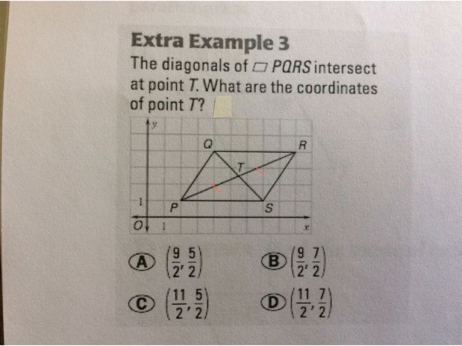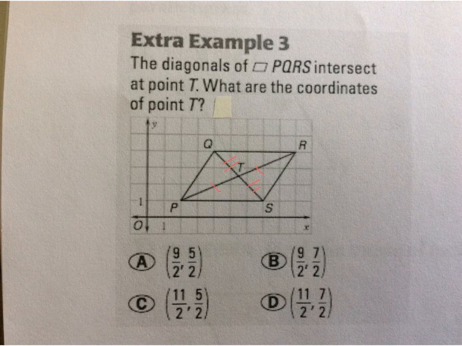So I know these two are congruent. These two are congruent. We want to know the coordinates for point T. Since they bisect each other, T is the midpoint of either of those two segments.